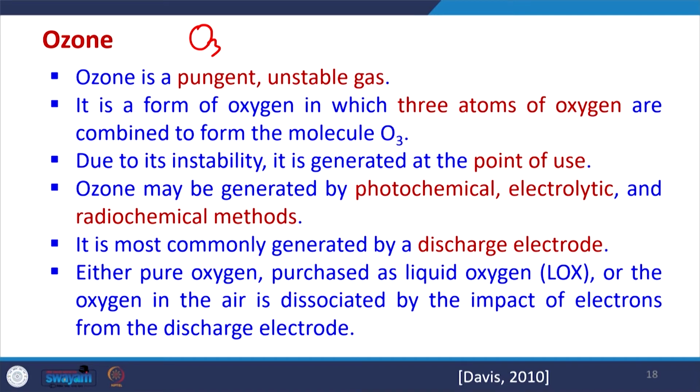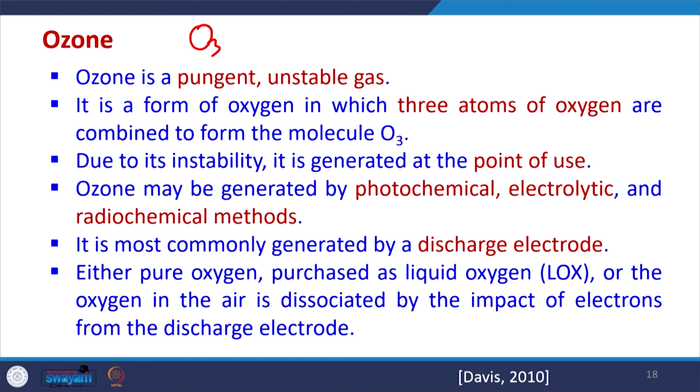But if any amount of ozone gas is present at ground level, it is considered bad because it will react with living organisms, maybe plants, and also with human beings if present in high concentration. So, it will cause problems for them as well.